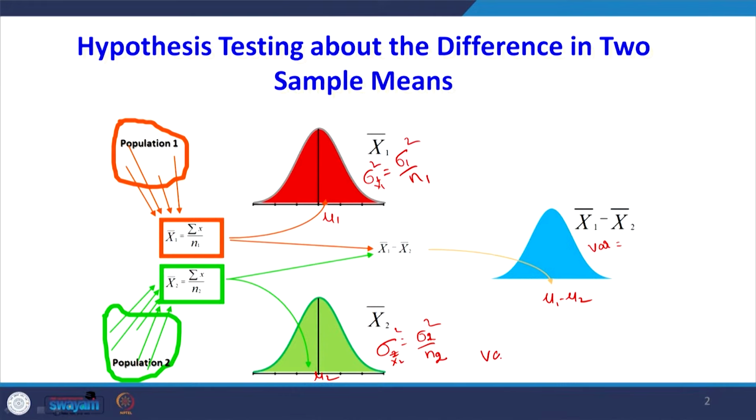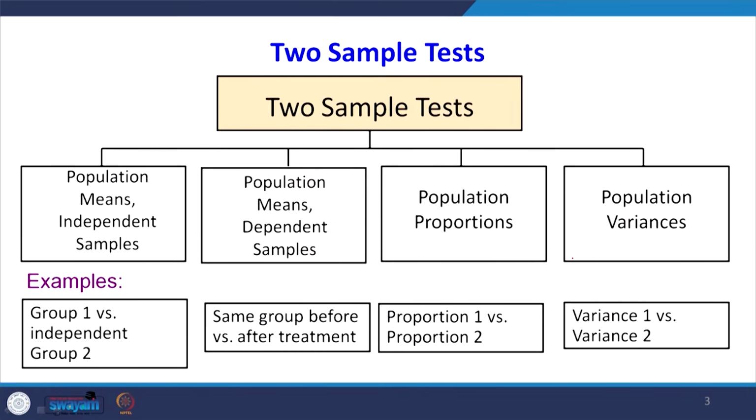We know the formula: variance of A minus B equals variance of A plus variance of B. So the variance is sigma 1 square by n1 plus sigma 2 square by n2. This is the variance of this population, which is in blue color. We will use this result going forward.